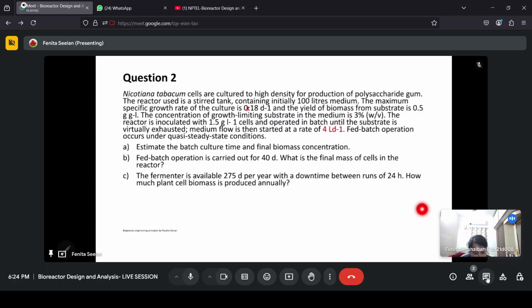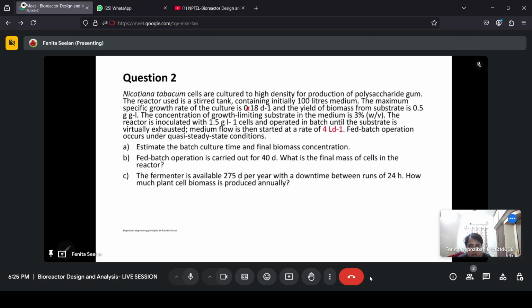What is the final mass of cells in the reactor? After 40 days of fed batch, what is the final mass which will be remaining inside the reactor? And C: the fermenter is available 275 days per year with a downtime between runs of 24 hours, and how much plant cell biomass is produced annually? This is the question.